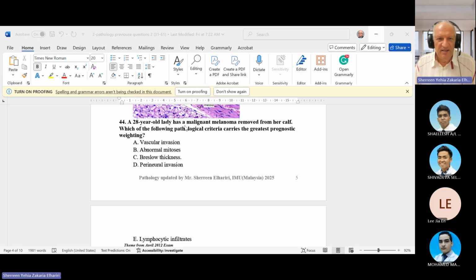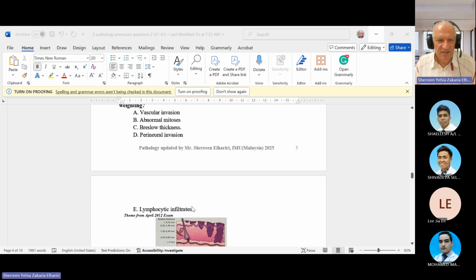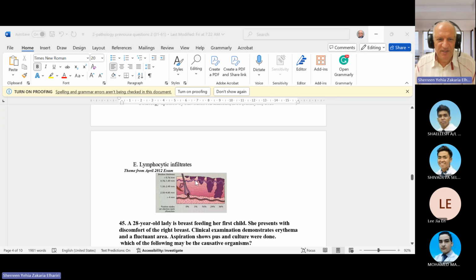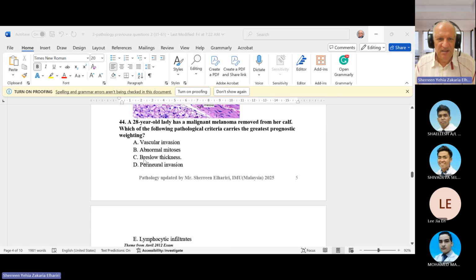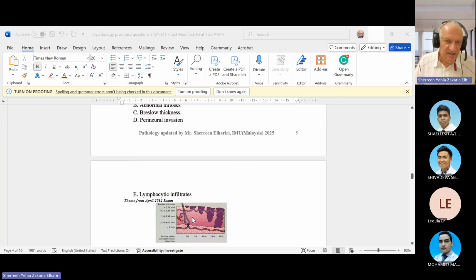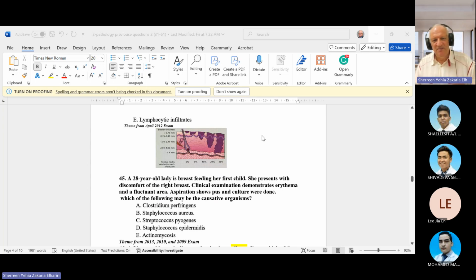Here the prognostic criterion is only Breslow thickness, because vascular invasion and abnormal mitosis occur in all malignancy. Perineural invasion can occur in any malignancy. Lymphatic infiltration occurs in any malignancy. So we depend on the thickness or penetration, which we call Breslow thickness, and it's seen under the microscope because it must be magnified. Of course, in melanoma, Breslow thickness and the Clark level are very, very, very important.